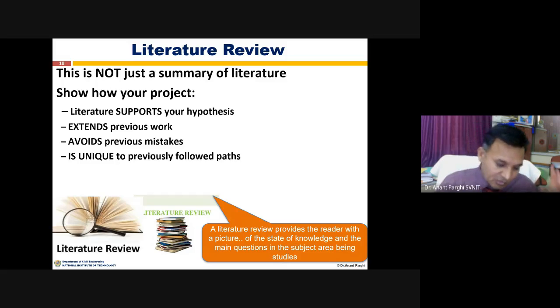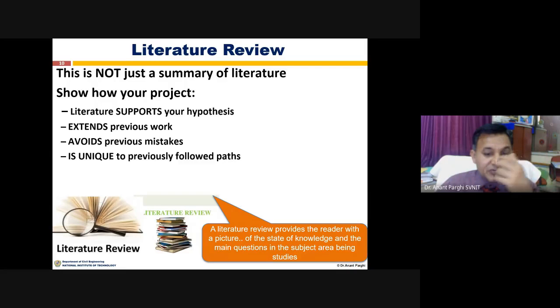Whatever earlier work has been done, we need to write in such a way that it gives a unique and specific solution, and it should be sustainable, more serviceable, more functional. Sometimes you are reducing the labor cost, sometimes reducing the number of parts, so you can create a better way. So your proposal should be unique.